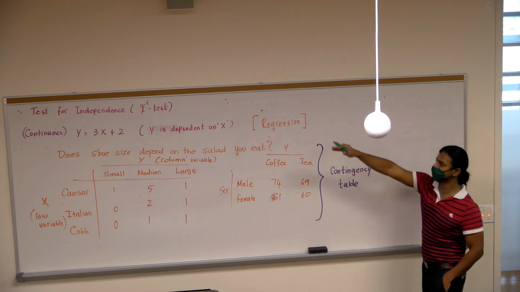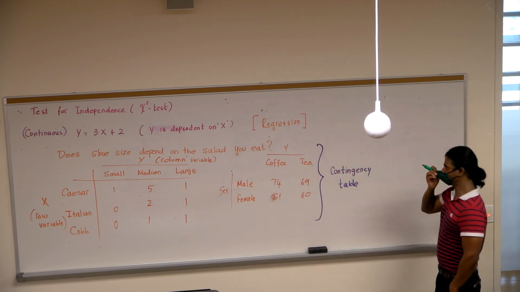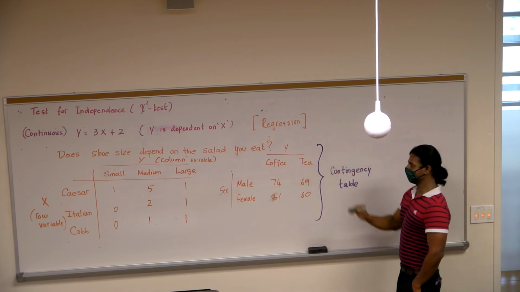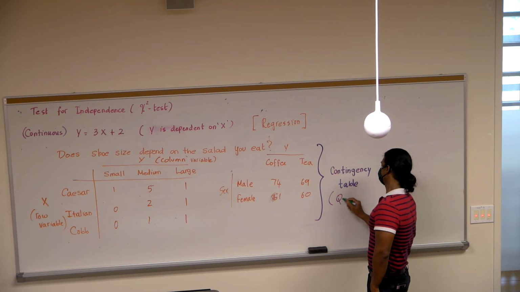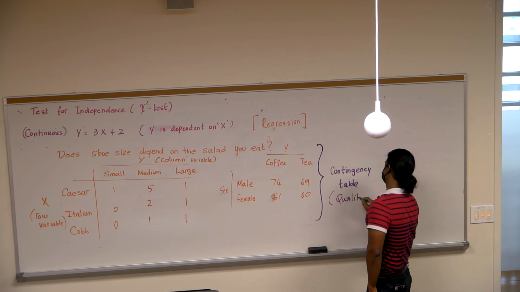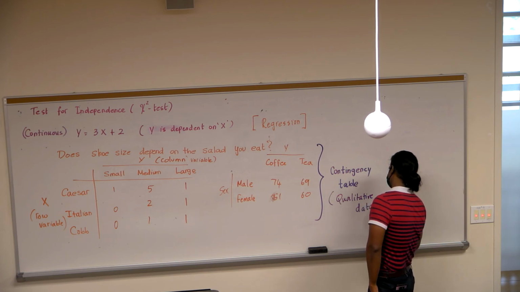Regression, well, we try to fit a line. That is for continuous data. Contingency table is for qualitative data. But what is the purpose?